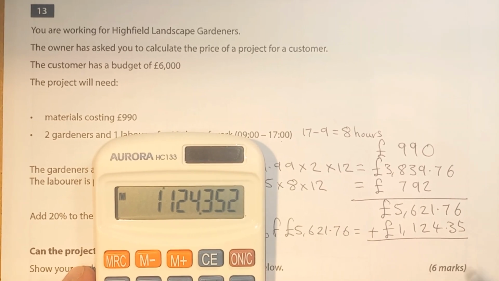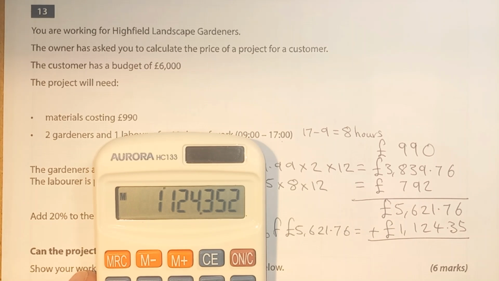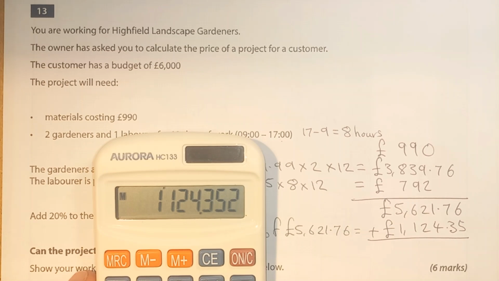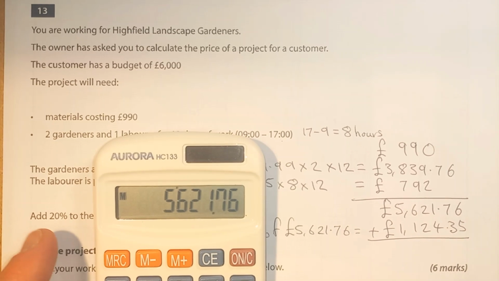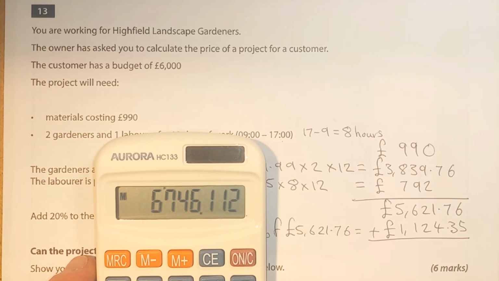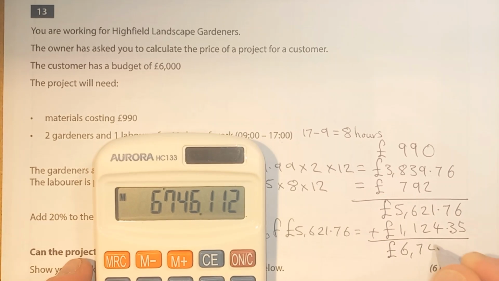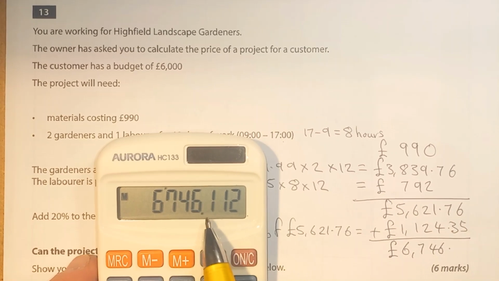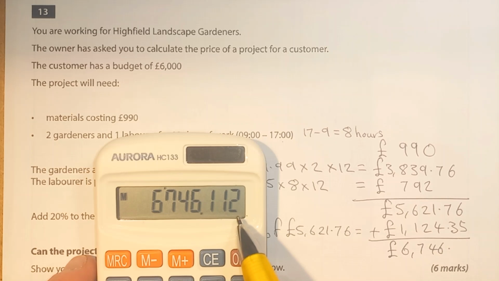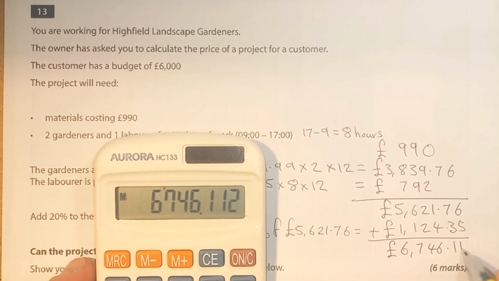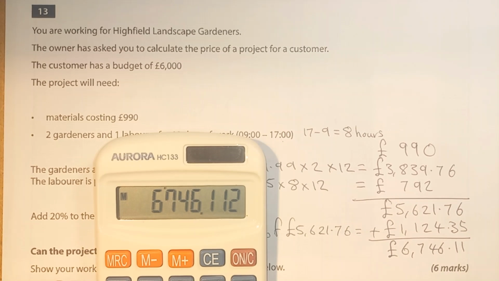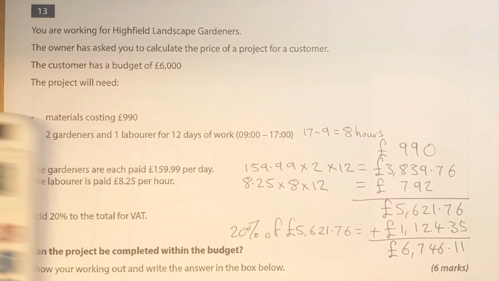So we then want to add these 2 together. So 1,124.35. I've still got the memory recall, so add them together, gives us 6,746 and again we want 2 decimal places. 2 is less than 5, so it's going to be £6,746 and 11p.